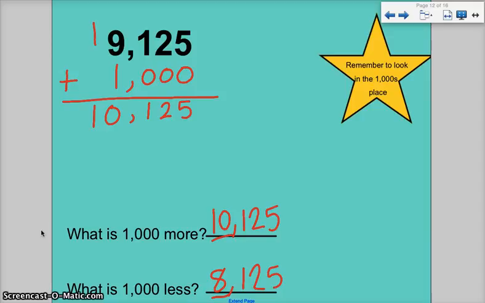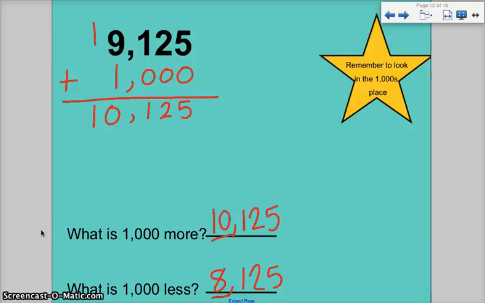We showed our work up at the top for the more than because our thousands place and our 10,000s place actually changed here. So when I did my addition, I started in the ones. 5 plus 0 is 5, 2 plus 0 is 2, 1 plus 0 is 1. When I got to the thousands place, I had to make a new 1,000, which made a new 10,000.